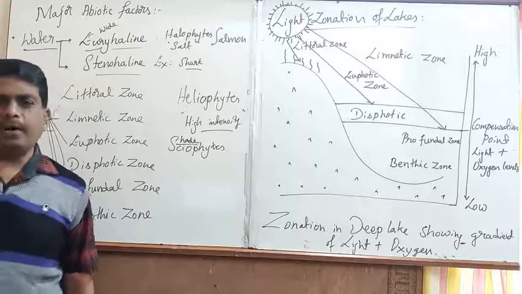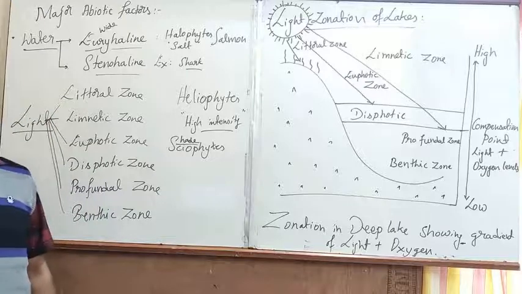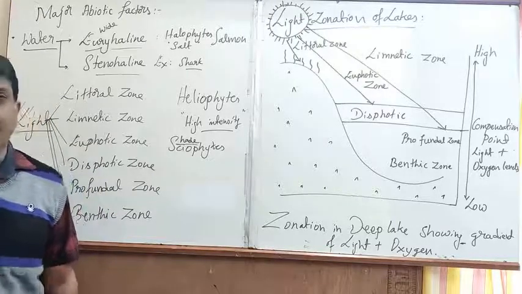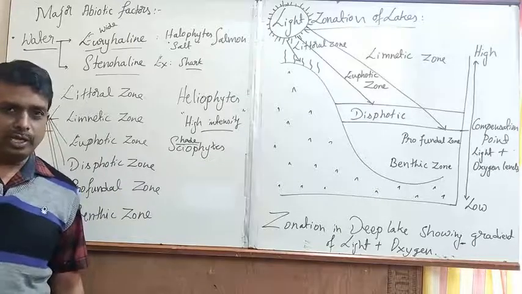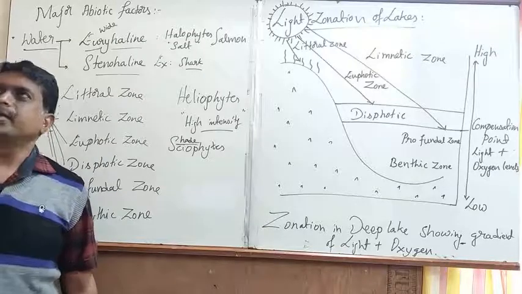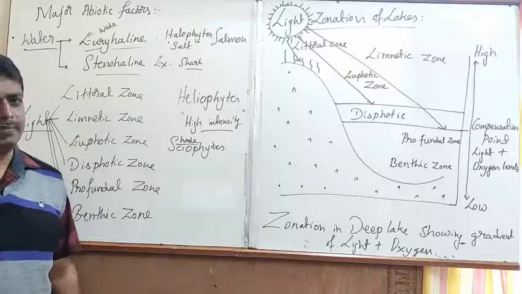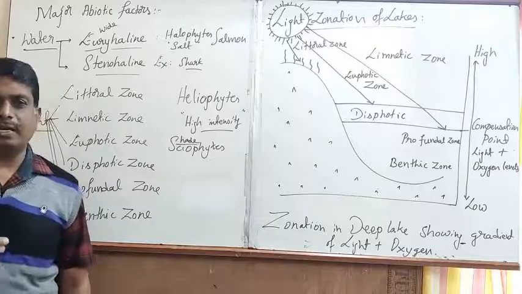Light plays a very important role in exhibiting foraging behavior in animals, in exhibiting the reproductive pattern, and also in exhibiting migratory behavior in the case of birds. We need the essentiality of light.